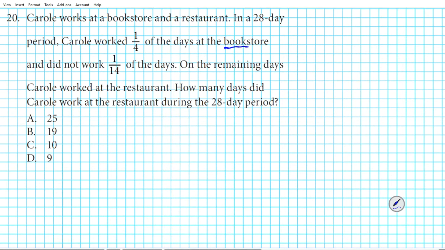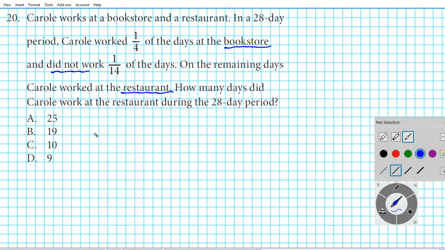Okay, so she has bookstore, she has the days she did not work, and the remaining were at the restaurant. So what we have is the following formula. This is a formula that we're going to use to determine the solution to the problem.